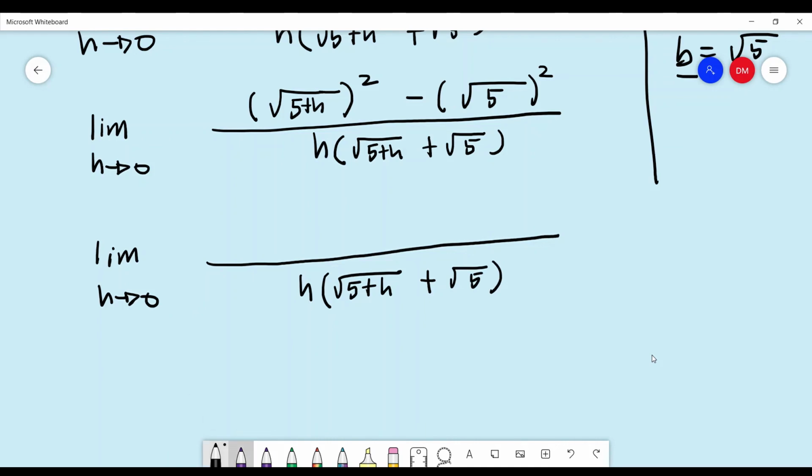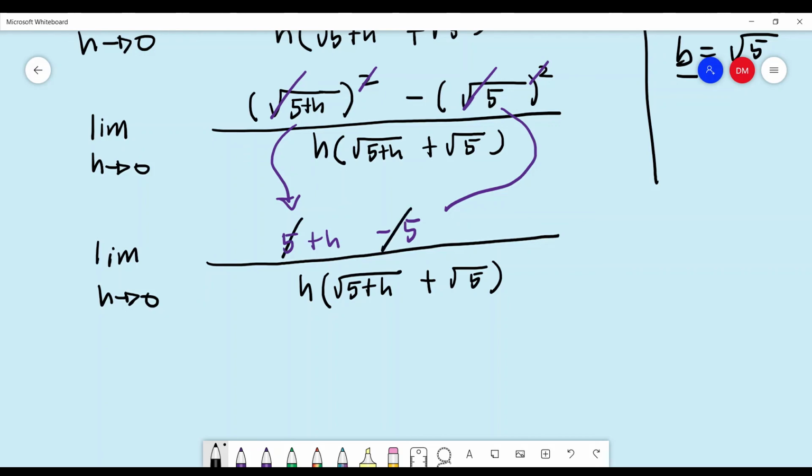But for the numerator, we have to go back to the previous step to get 5 plus h and also minus 5. So now we have positive 5 and negative 5.